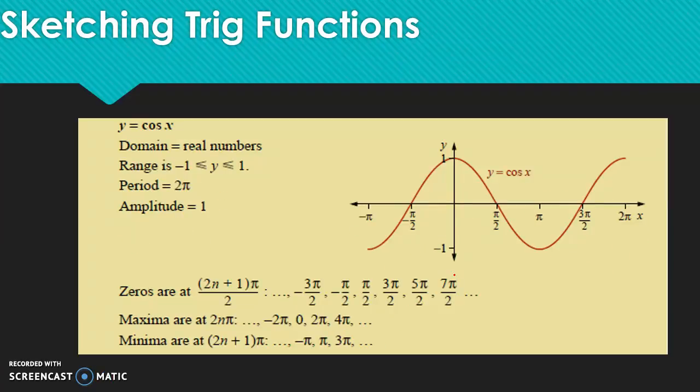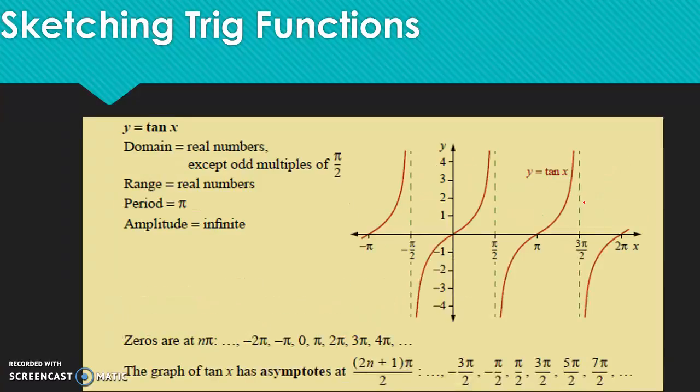Likewise with the cos function, you need to know what the properties are, what it looks like. So max and min at 1 and -1, we have a max here when x equals 0, and a minimum at pi, and we cross the x-axis at pi over 2 and 3 pi over 2.